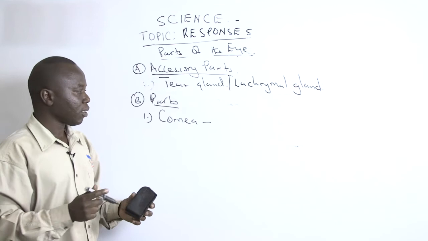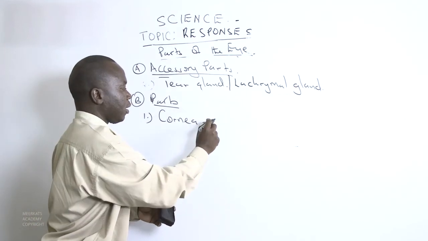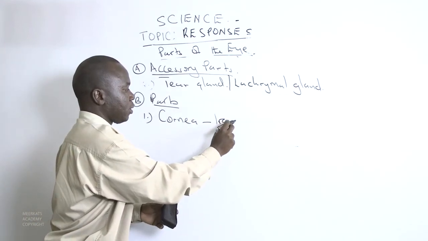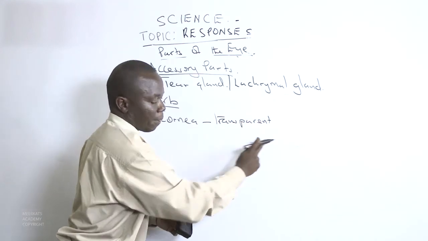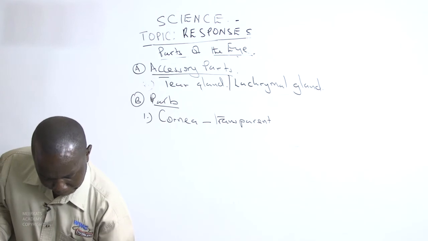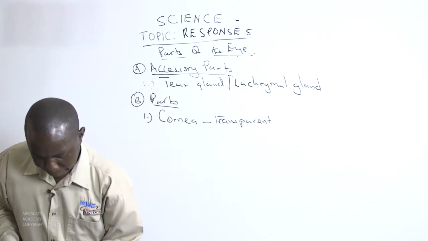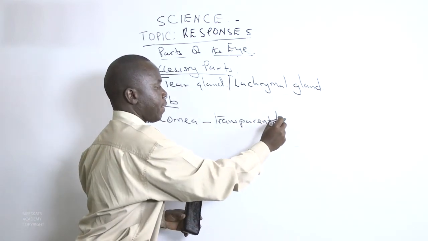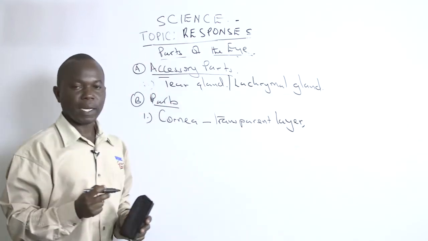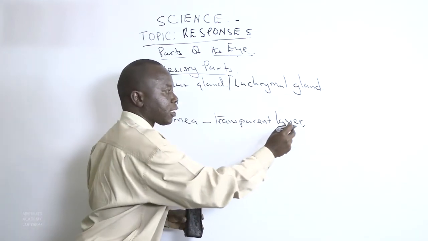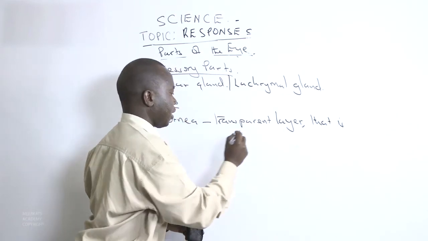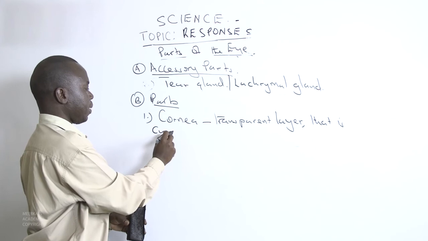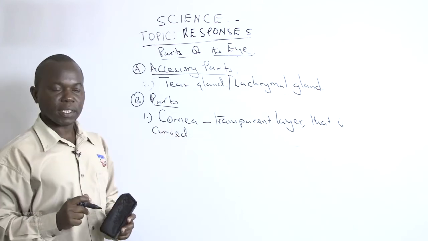We said the cornea is a transparent layer, but it is curved. A transparent layer that is curved.